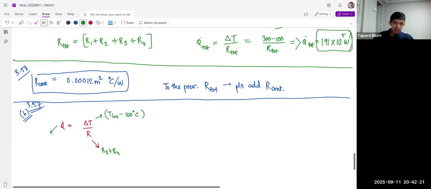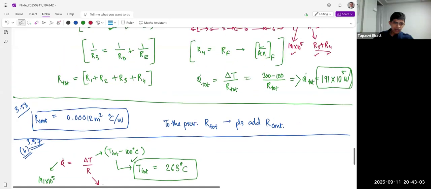Or I'll write it here. So Q dot is equal to delta T over R. R is R3 plus R4. Delta T is T interface minus 100 degrees Celsius, and Q dot is 191 times 10 to the power 5.